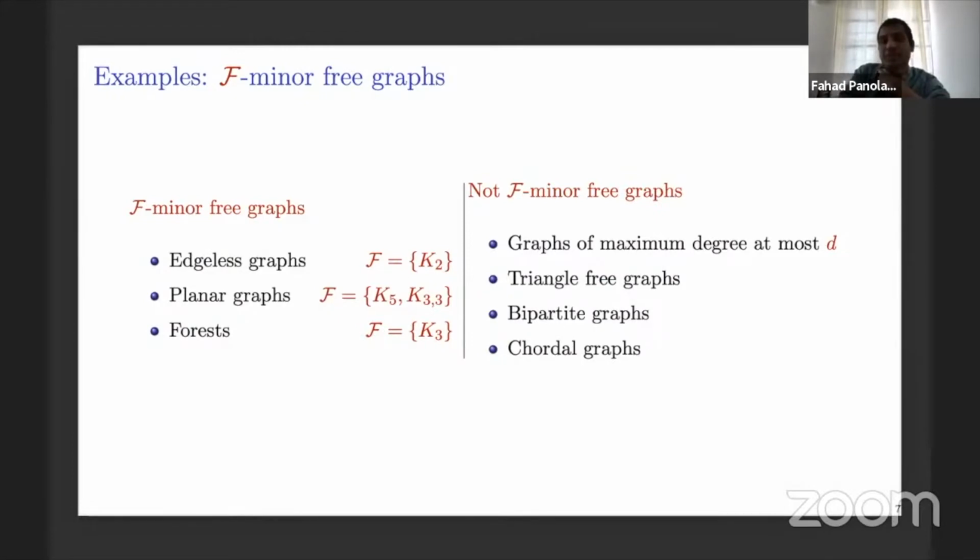For chordal graphs, any graph is a subgraph of a clique. A clique is a chordal graph. So this is also not minor closed. And what about graphs of maximum degree at most D?